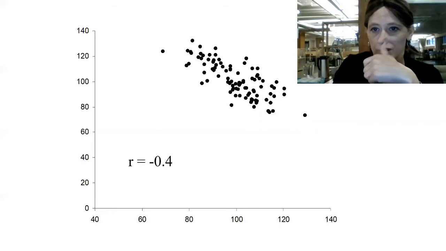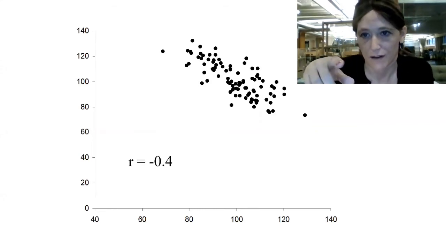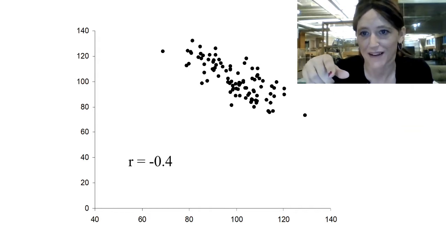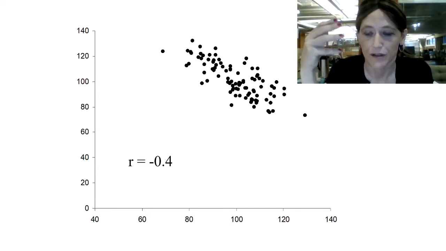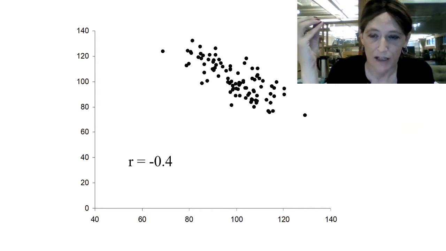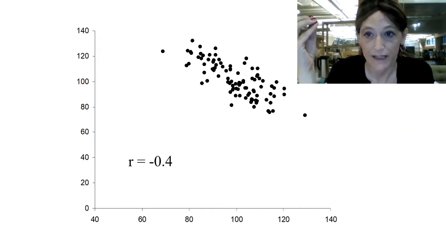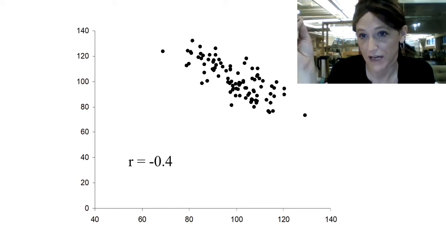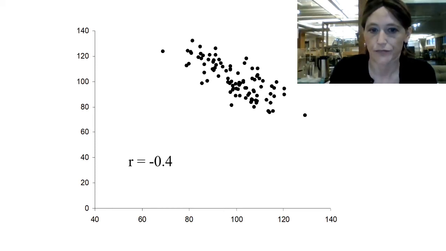And this one, as one's coming down, the other is going up and vice versa, okay? And so an absolute value of 0.4 is the same. So -0.4 and 0.4. The numeric value of R tells us the strength. The sign, negative or positive, tells us the direction of the relationship.